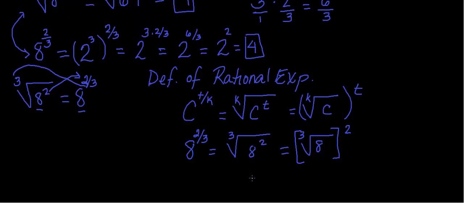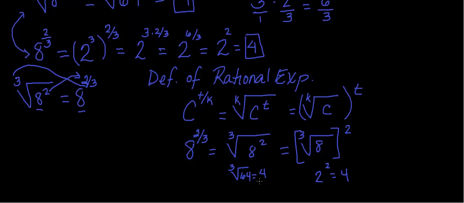That is equivalent, because if you take the cube root of 8 squared, that's the same thing as the cube root of 64, which is 4. If you take the cube root of 8, that gives you 2, and 2 squared is 4.